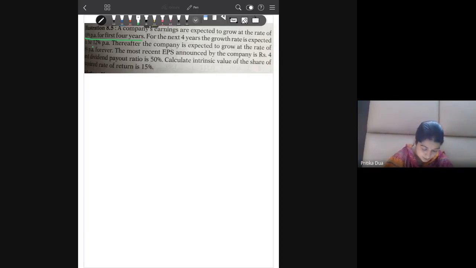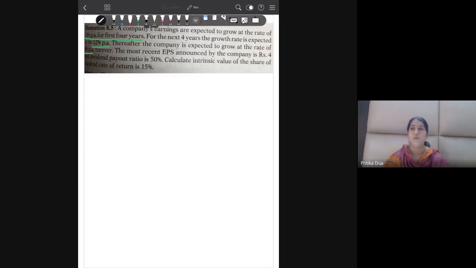And thereafter the earnings are growing at 6% per annum forever. The most recent EPS announced by the company is 4 rupees and the dividend payout ratio is 50%. You have to calculate the intrinsic value of this share if the required rate of return is 15%.